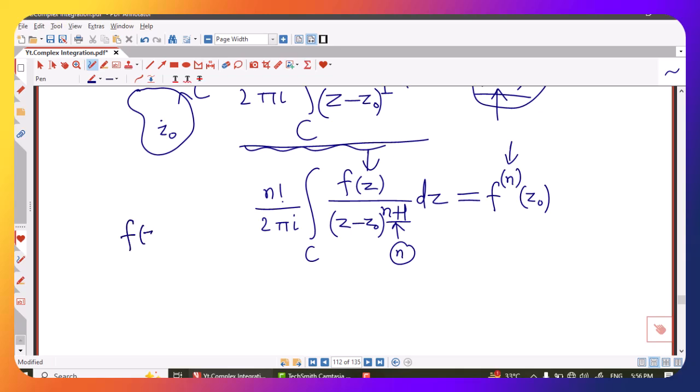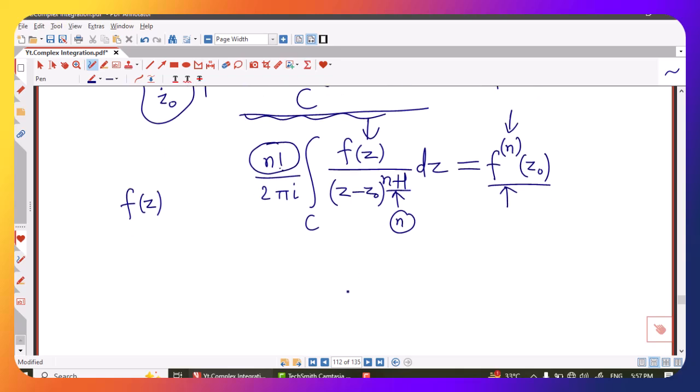We require that function f of z is analytic everywhere inside and on the given simple closed contour C, and z0 is interior to this simple closed contour. Then if we have the n plus 1th power of z minus z0, we will have the nth derivative at z0, and instead of 1 over 2 pi i, we will have n factorial divided by 2 pi i.